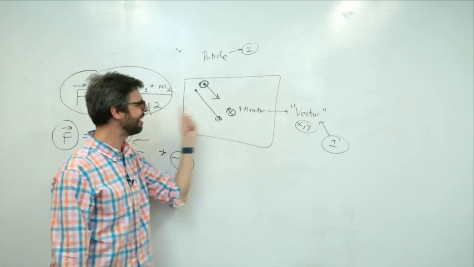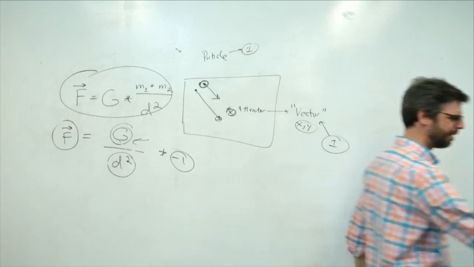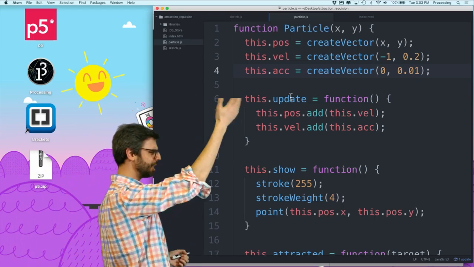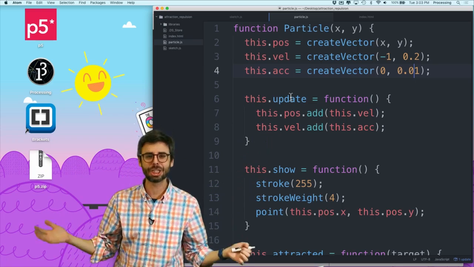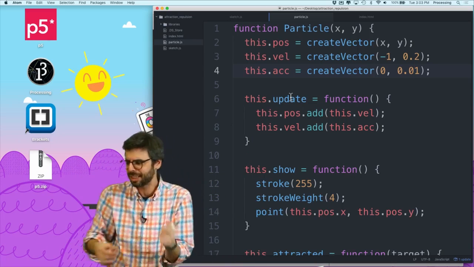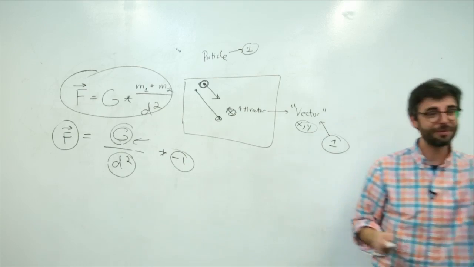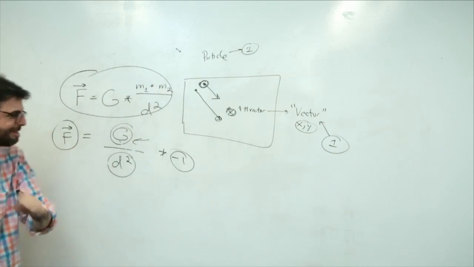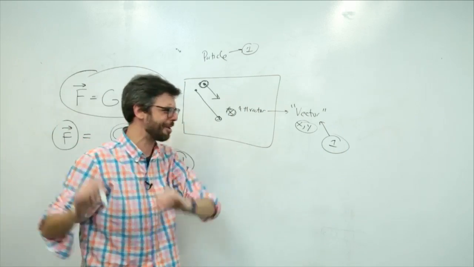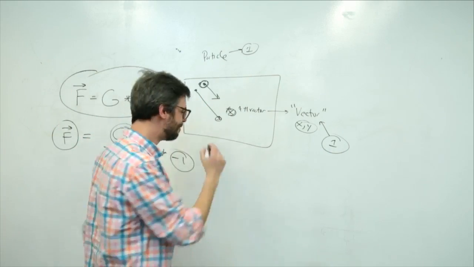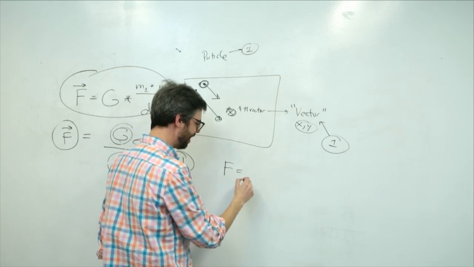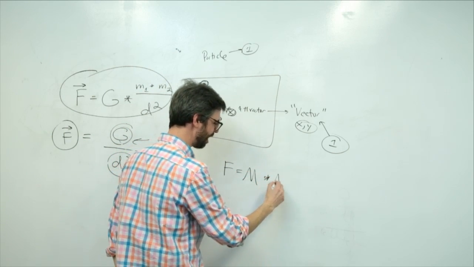But beyond that, I'm saying it's a force. And if I come over here, position, velocity, and acceleration, what's the relationship of force to position, velocity, and acceleration? Well, you might be familiar with Isaac Newton, and there's a bunch of laws. I'm sure they're all very important and interesting, but the law that I'm interested in is force equals mass times acceleration.